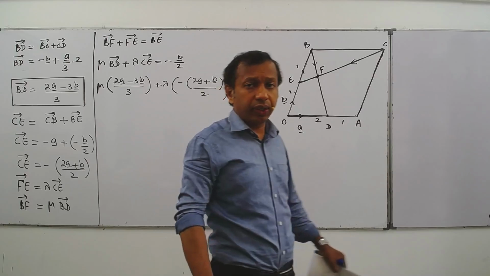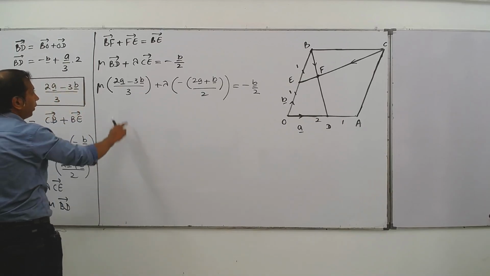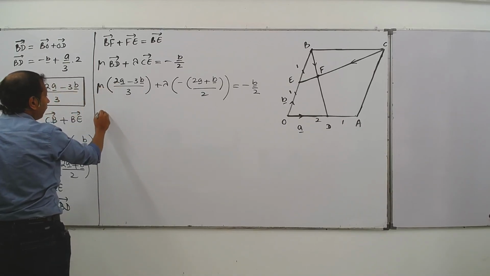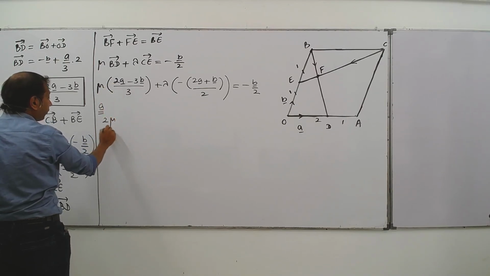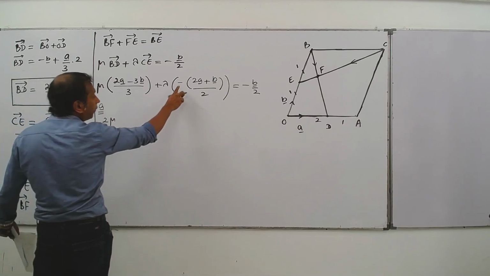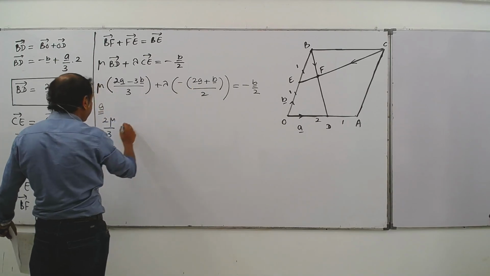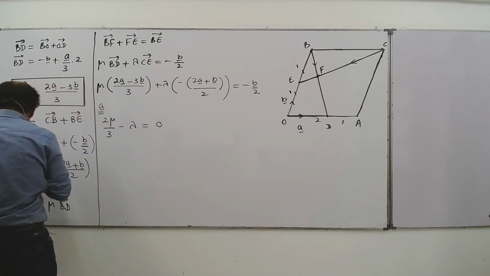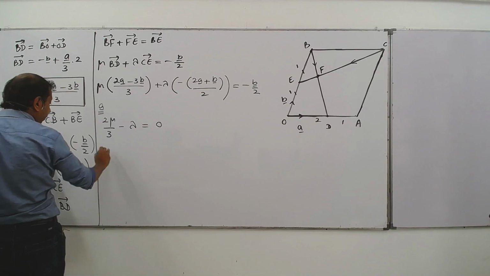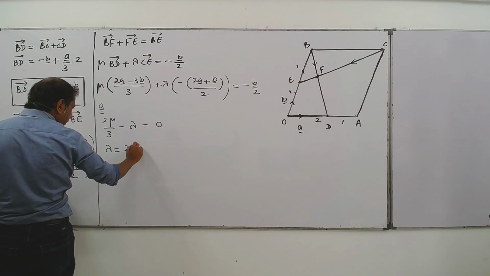Then we can equate left and right coefficients of vector A and vector B. Here, removing the bracket, I am going to equate the coefficient of A: 2 mu by 3, and minus lambda. Right hand side, no A term, therefore this gives us lambda equals 2 mu by 3.